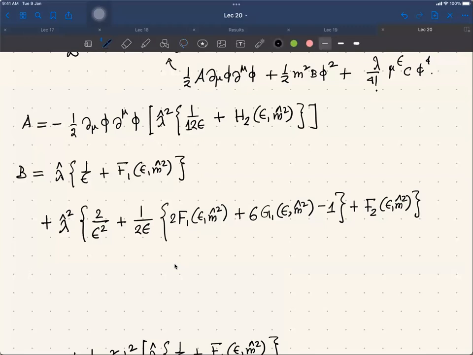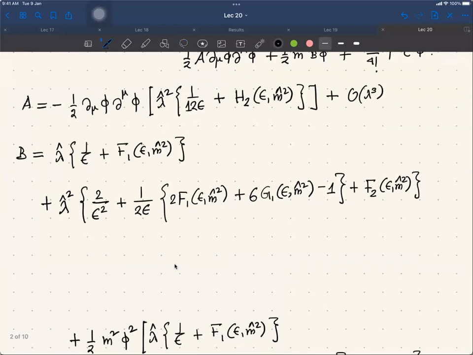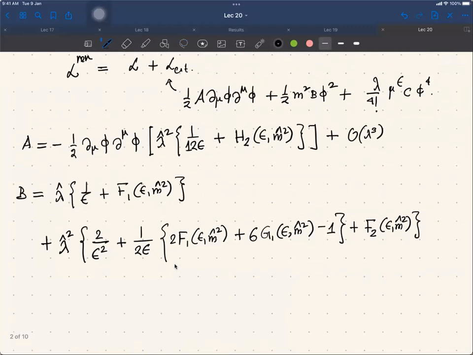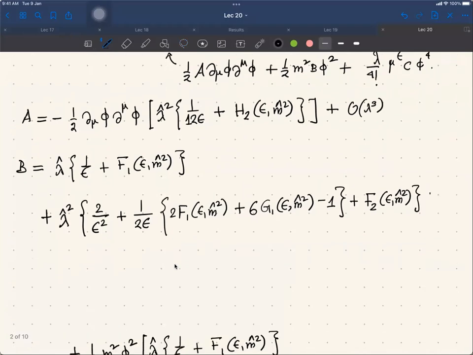So this A begins with order lambda square and then higher order in lambda terms. B begins with order lambda and then lambda square and then higher order in lambda.